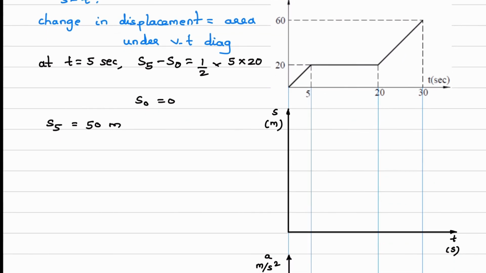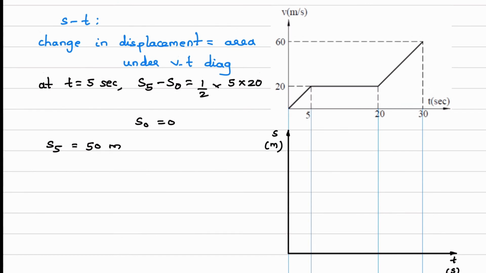Now what will be the nature of this? Velocity is linear. So ST will be parabolic. Now understand how to draw this. Velocity is slope of ST diagram. Velocity is increasing, so slope should increase. Velocity is positive, slope should be positive, curve will be like this. So I'll draw the curve.